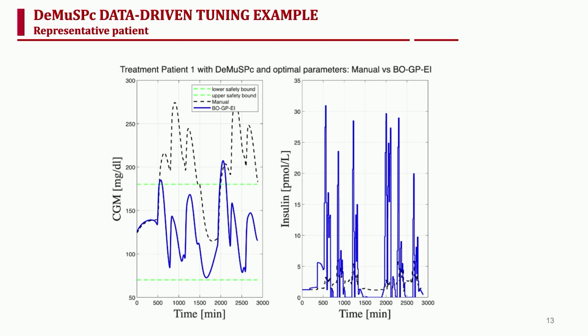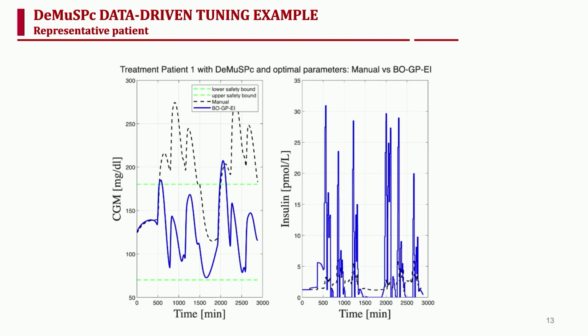The acceptable range is in the dashed green, the 70 to 180 milligrams per deciliter. And we compared the Bayesian optimization tuned controller, the one leading to the blue curve, with some manual tuning, which is the dashed. So we have one controller for the whole population that we tuned by hand at the beginning of the exercise.